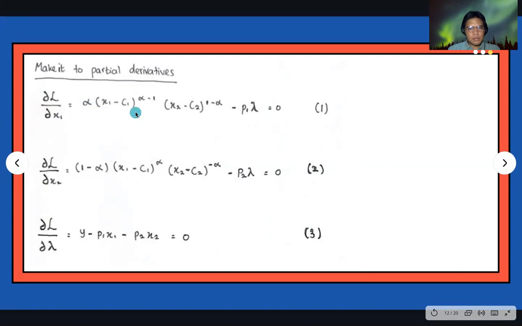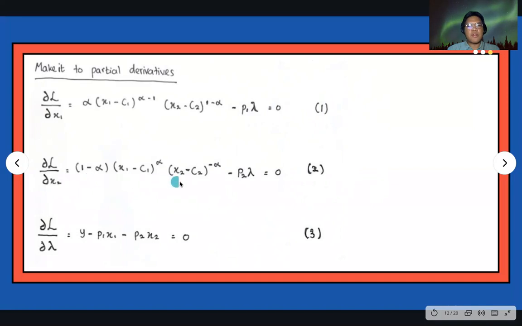We can simply calculate it by the concept of partial derivation, and we obtain this function, and you need to equate it to zero, and you classify this as the first function.